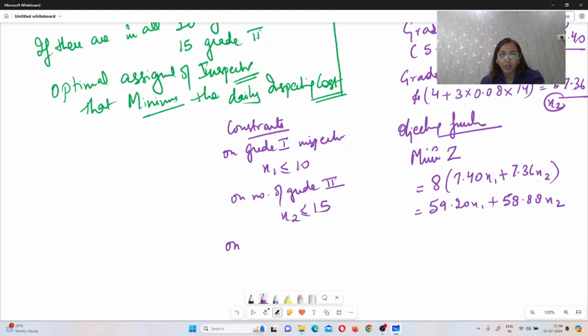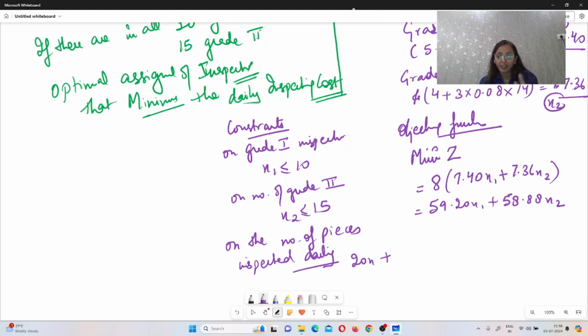And the next point is on the number of pieces inspected daily. How much inspection can be done daily?